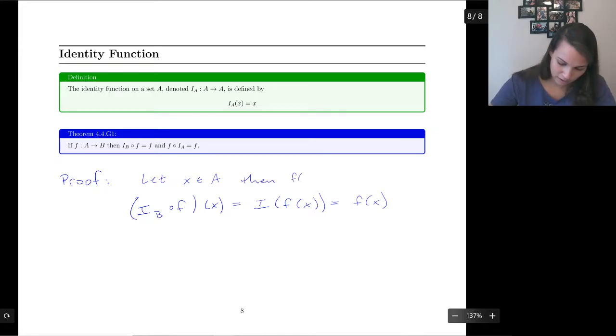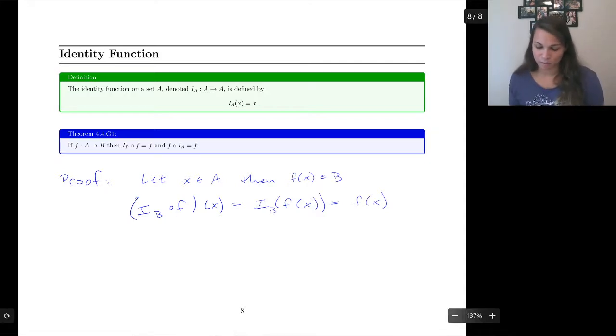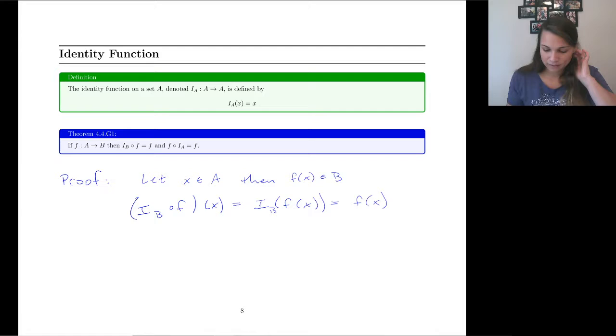So then f of x is an element of B, which means that our identity function on B is just going to be f of x. So that's one of them.